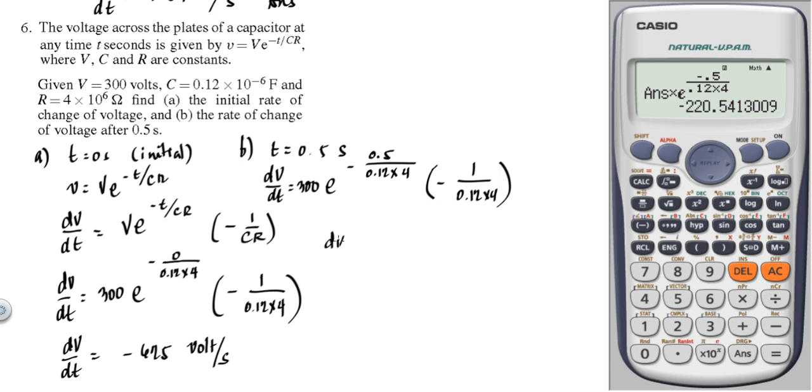Okay. dV over dt is equal to minus 220.54. Unit, volt per second. So, yun. At 0.5 seconds, that is the rate of change of voltage after 0.5 seconds. So, this is your answer. Okay. So, number 6 na.